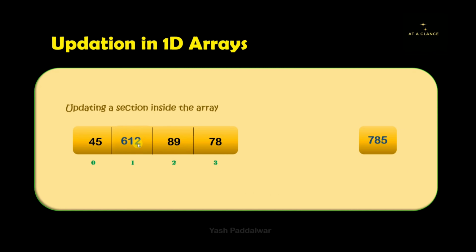So we are updating the new element which is from the section at that particular position 1. Now talking about the another element inside the section which is 785, we need to place it immediately after the previous element which we have replaced from the section inside the array. So this is how you can replace entire section into existing array.